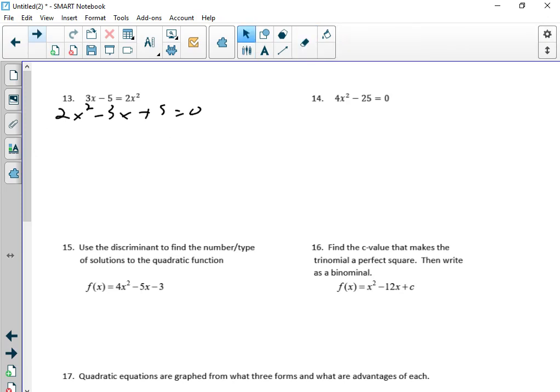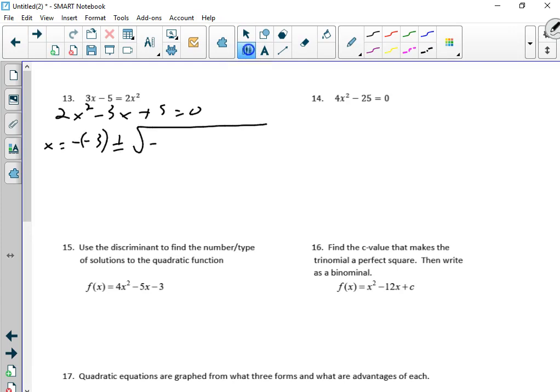So that leaves me with my good old friend, the quadratic formula. x equals the opposite of b plus or minus square root of b squared minus 4 times a times c, all over 2a.